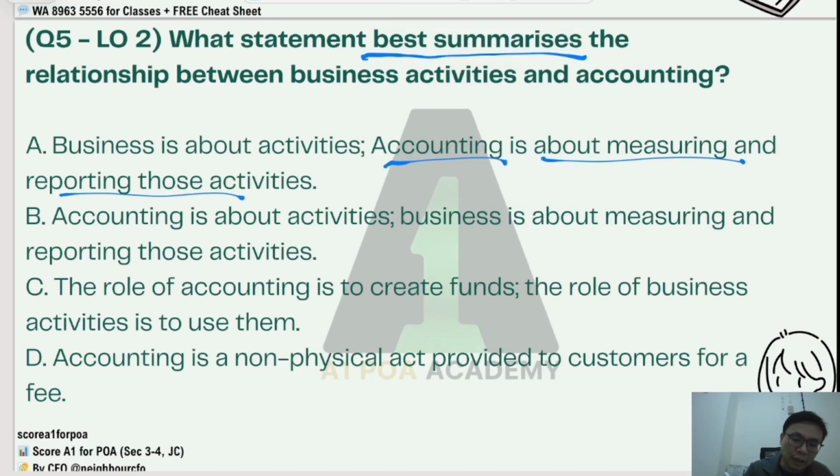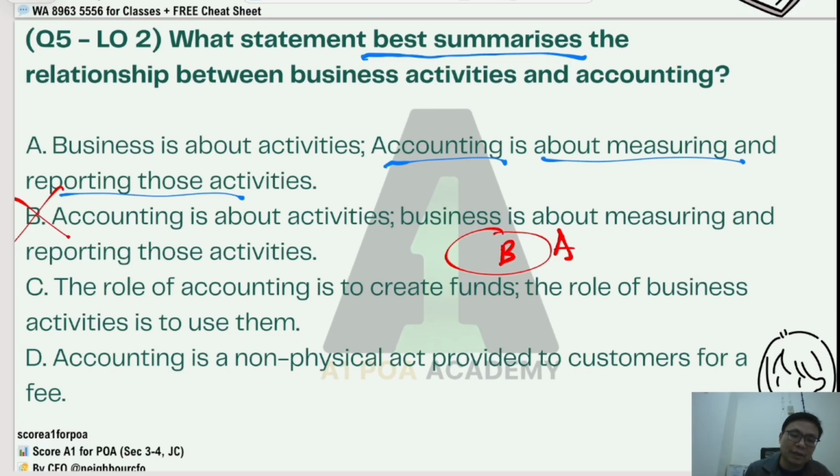B, accounting is about activity, business is about measuring and reporting those activities. This is wrong because it says that accounting is the entire boundary and business is inside. So B is wrong. C, the role of accounting is to create fund, the role of business activity is to use them.